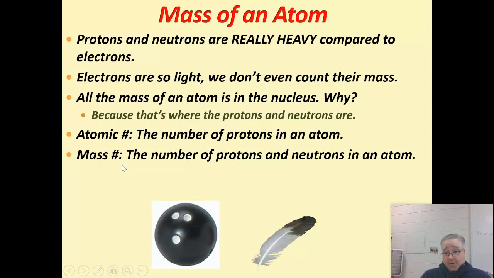Now, there is another term that I want you to know. It's called the mass number. The mass number is the number of protons and neutrons. So it's like all the bowling balls, not just the protons.